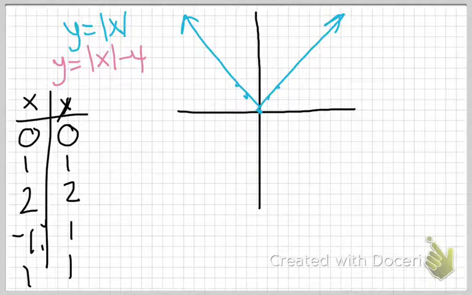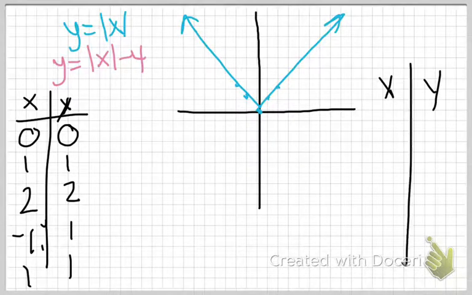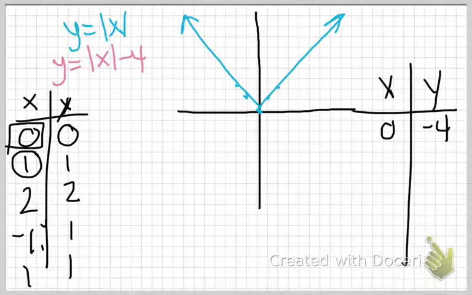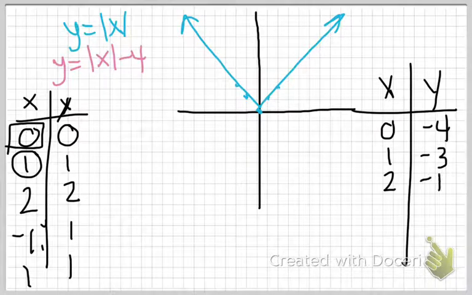When I do my absolute value of x minus 4, so my absolute value of x was 0, minus 4 would be negative 4. 1, absolute value is 1, minus 4 is negative 3. 2 minus 4 is negative 2. Negative 1, positive 1, minus 4 is negative 3.